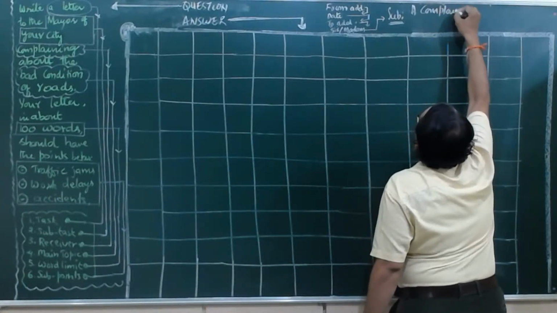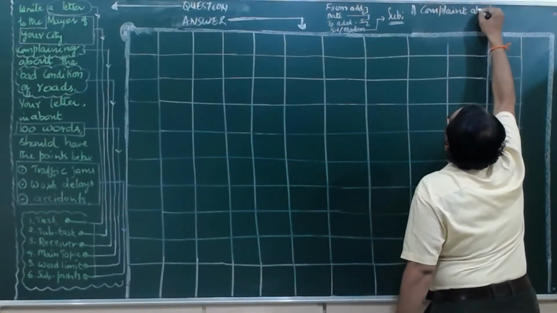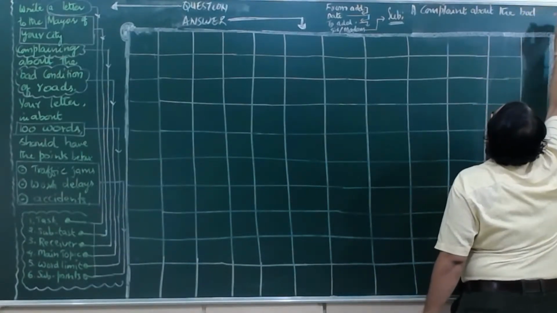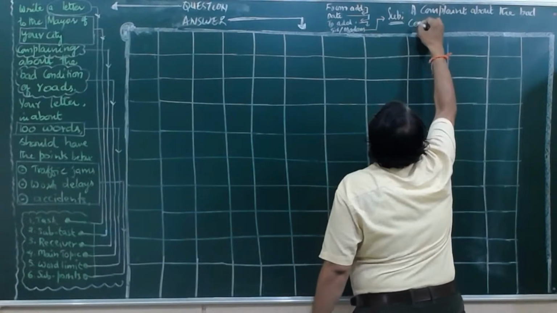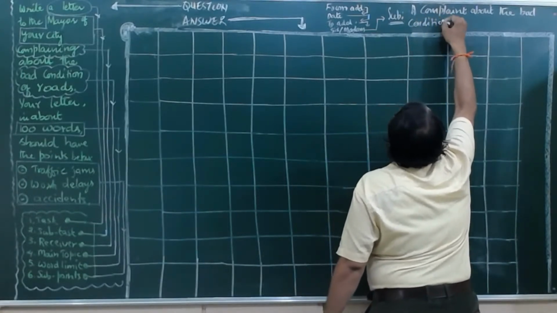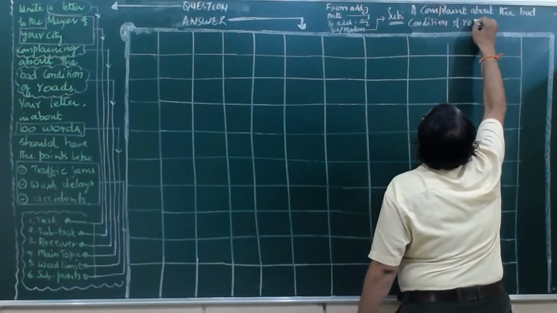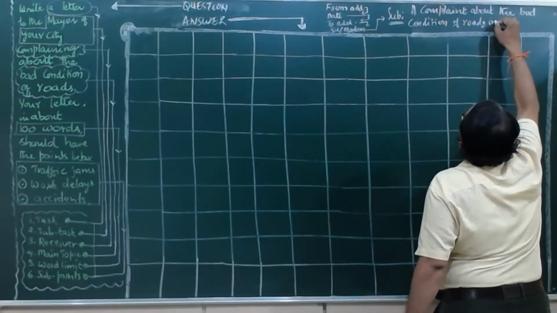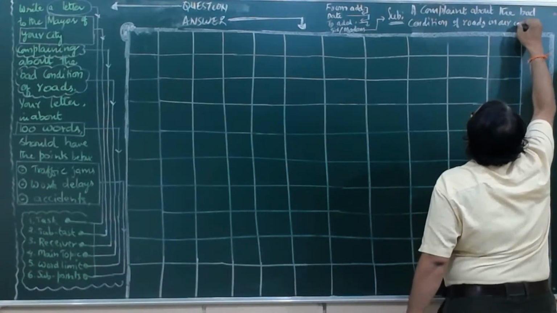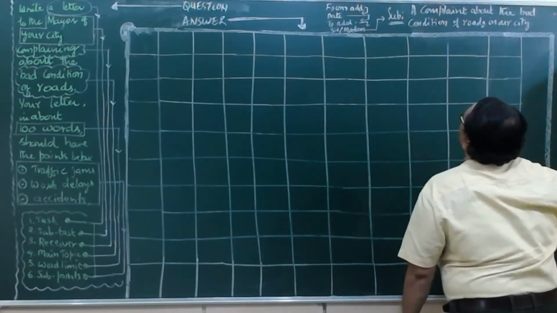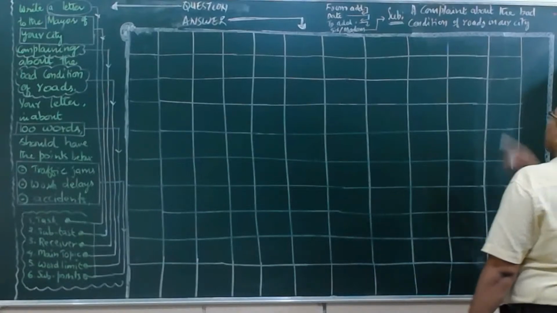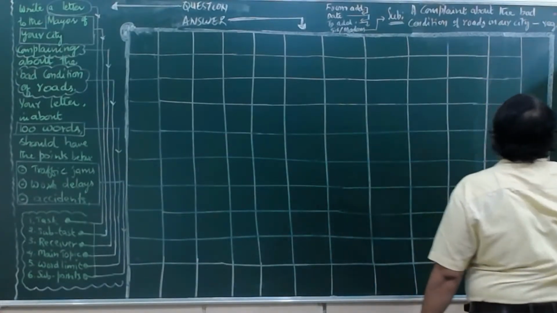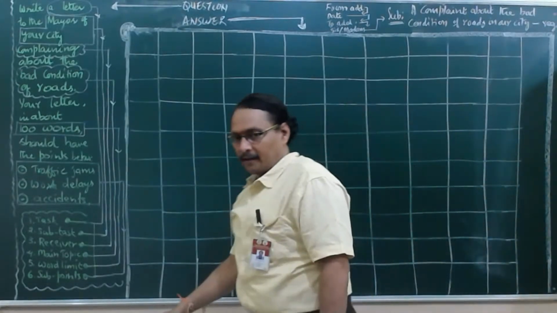So it is a complaint about the bad condition of the roads in our city. I told you, my dear children, the subject begins with an abbreviation and it ends also with an abbreviation. So please remember, all these things are already written.